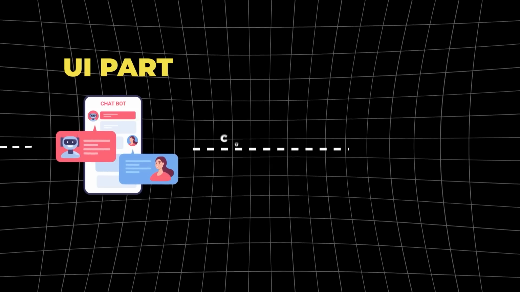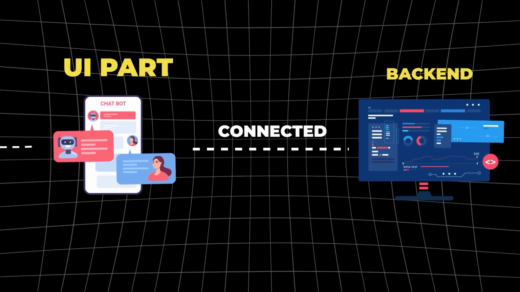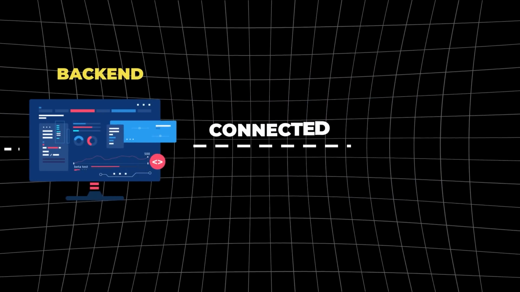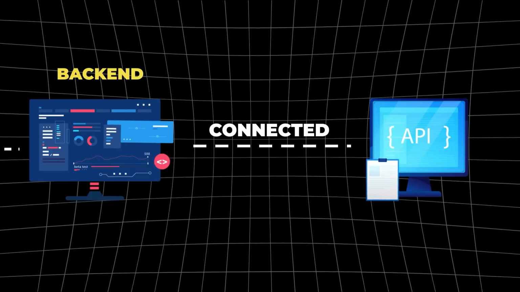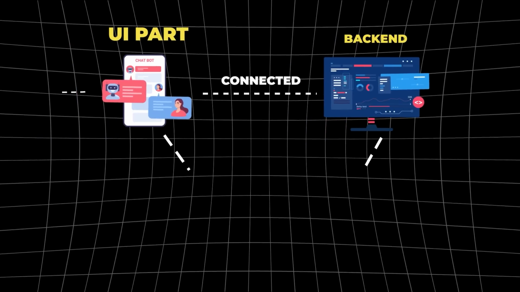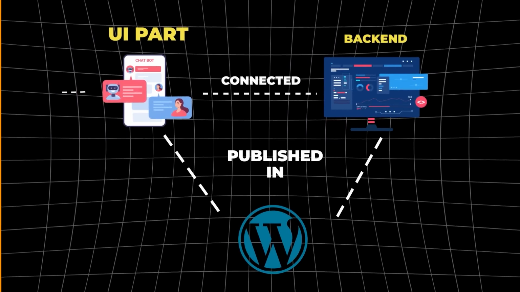This UI is connected to a backend where the AI generation will be done. And this backend is connected to an AI API like Google Gemini, OpenAI, or whatever you want. And in our case, the UI and the backend will be published and hosted inside WordPress.